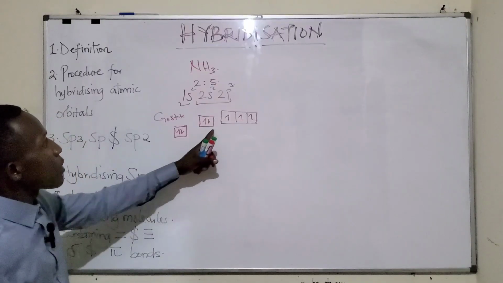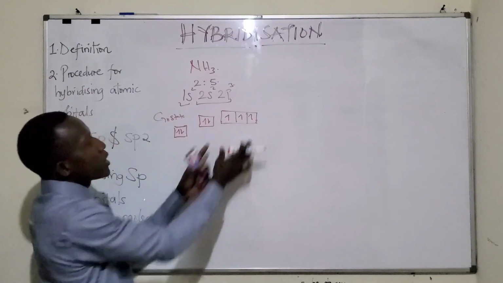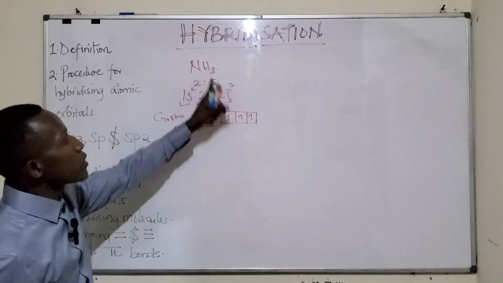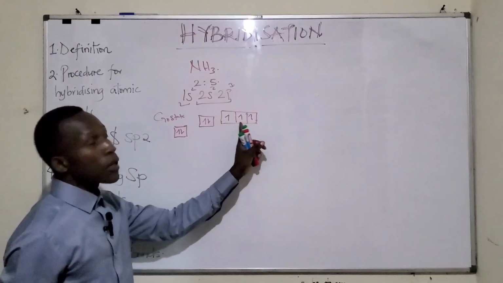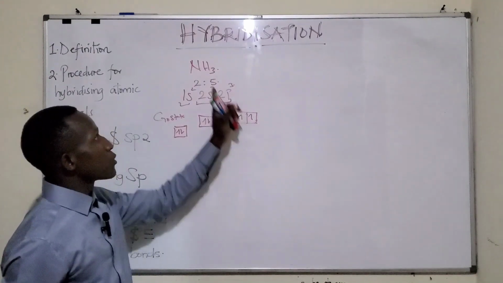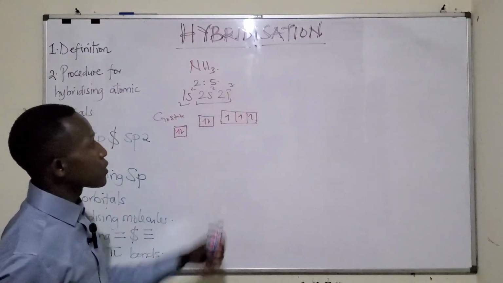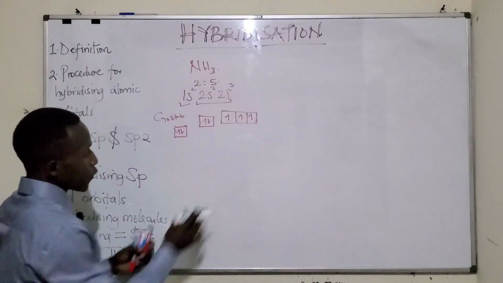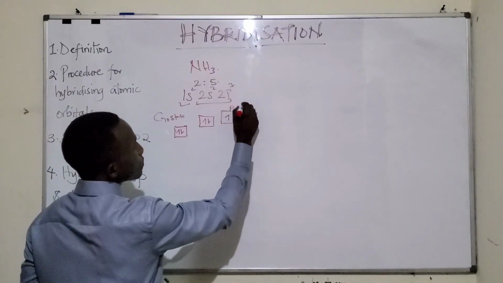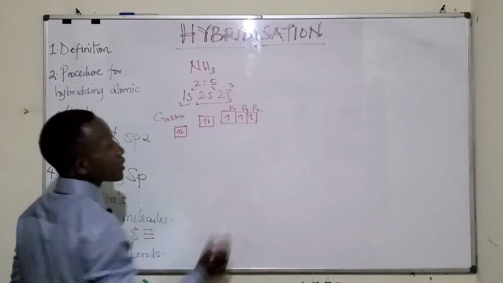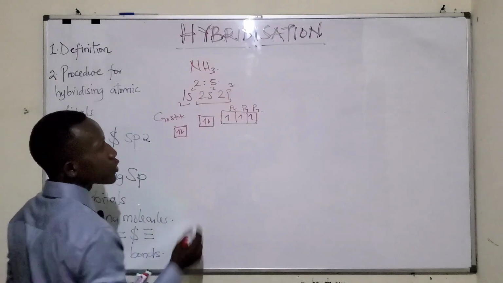So someone may ask, why don't we use these electrons directly to form ammonia? Because we need 3 hydrogen. We need 3 electrons to mix with the hydrogen electrons. But if you use these, because this is Px, this is Py, this is Pz, they are perpendicular to each other.